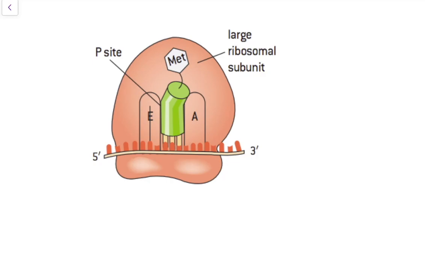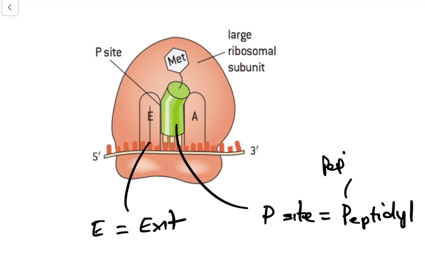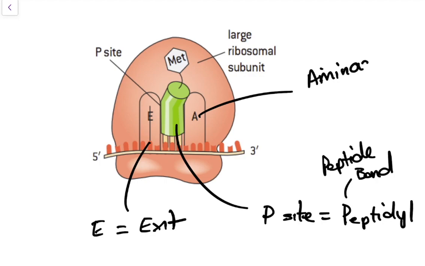There are 3 sites of activity: the E site, which is the exit site, the P site, which is the peptidyl, to do with the idea of the peptide bond, and the A site, which is the amino acyl site.